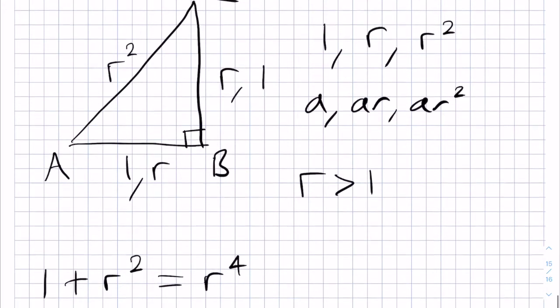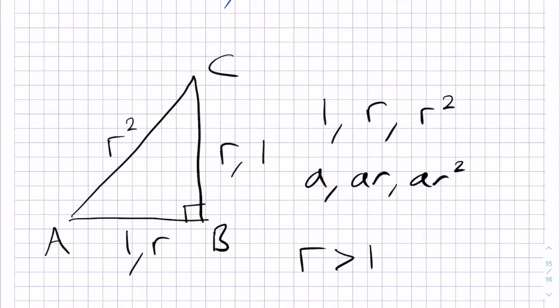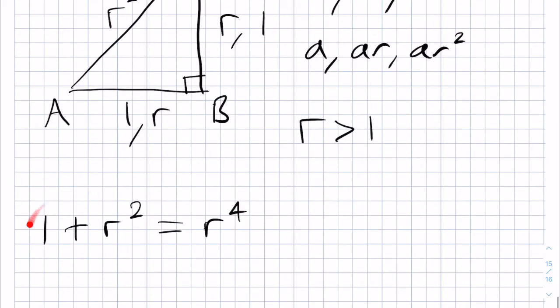Notice that it doesn't matter which way around we have the r and the 1 for this. Either way, it's 1 squared plus r squared equals r squared squared, which is 1 plus r squared equals r to the 4. This gives us a hidden quadratic equation for the value of r.